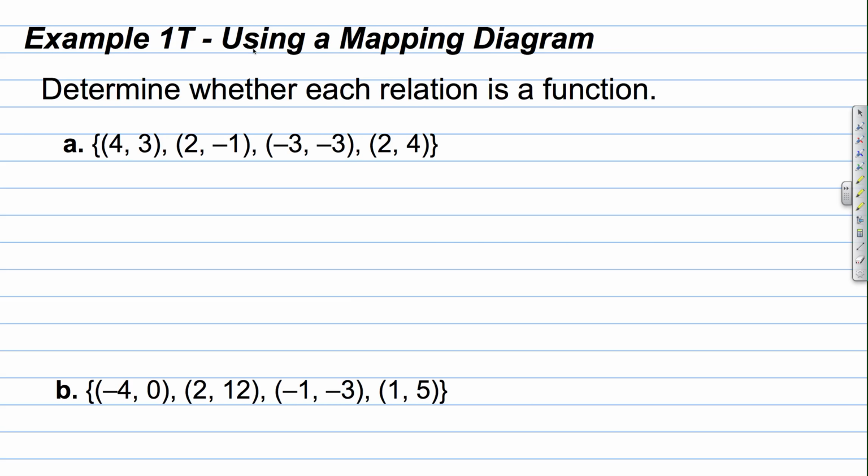We're going to use a mapping diagram to determine whether each relation is a function. Now, to make a mapping diagram, we're going to need to list out the domain and the range.